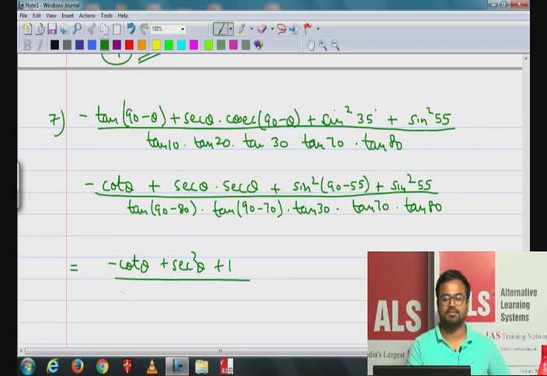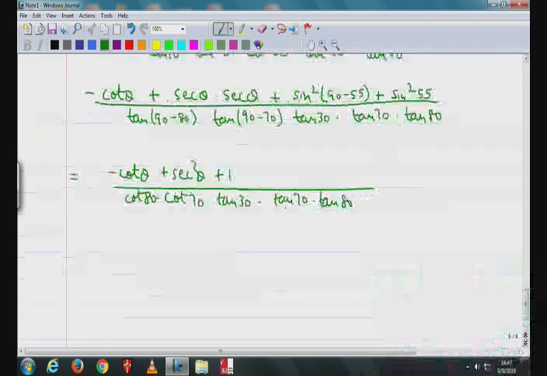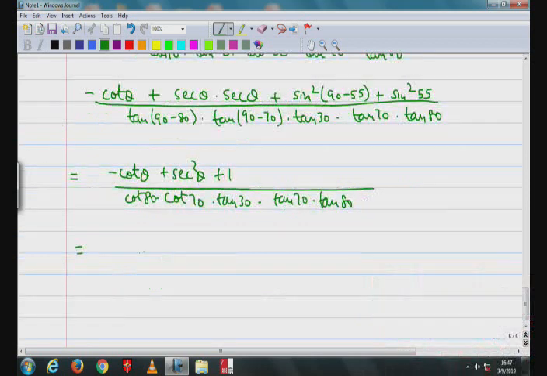And now in this one, this will become cot of 80 degrees, cot of 70 degrees, tan 30, tan 70 and tan of 80 degrees. So it will be like cot theta plus sec square theta plus 1. This cot 80 and this tan 80 will get cancelled out, because cot 80 can be written as 1 by tan 80.